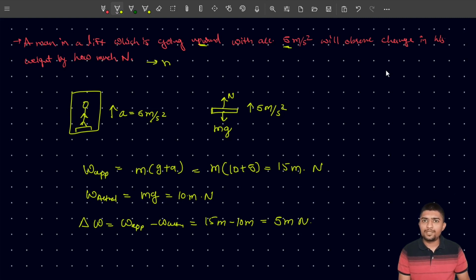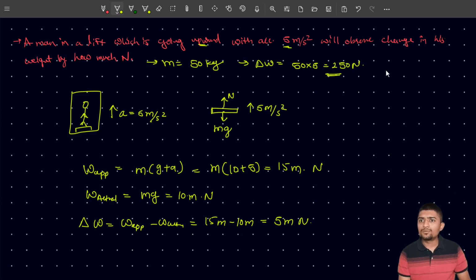Suppose he has a mass of, let's say 50 kg, then the change in his weight will be equal to 50 multiplied by 5, that is 250 Newton.